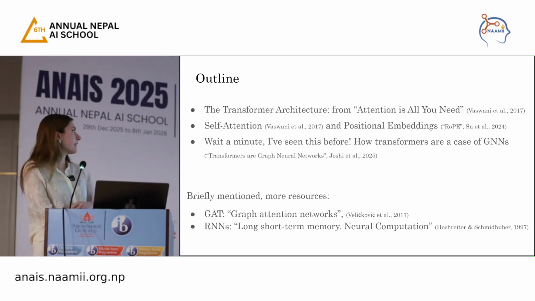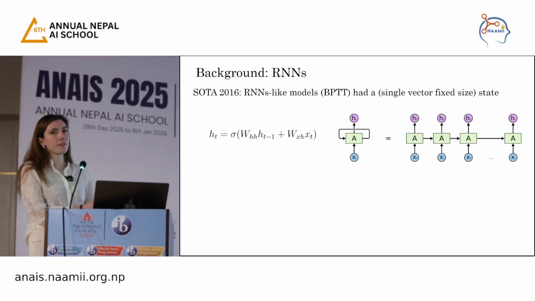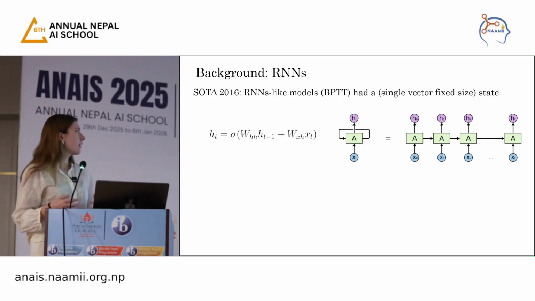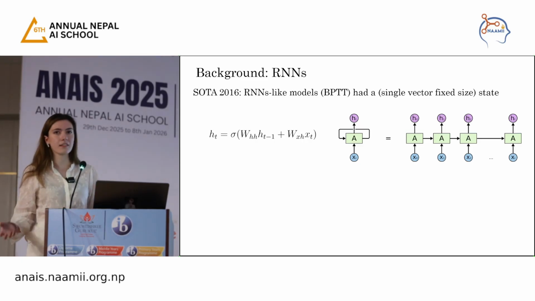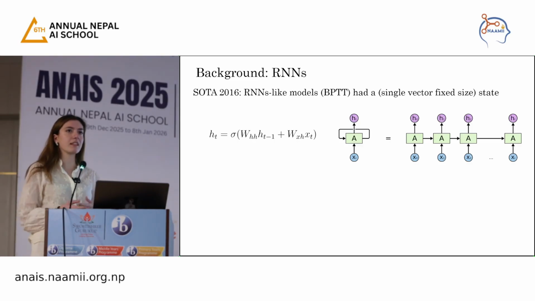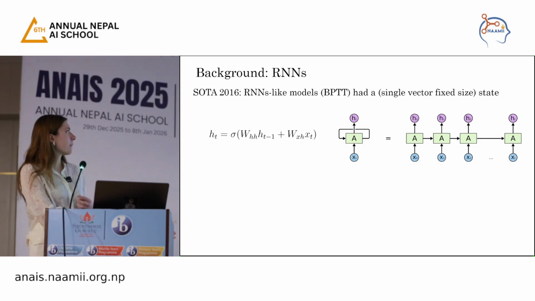Okay, let's start. So a little bit of background. We're talking about Transformers, and Transformers are fairly new. And I think it's good to try to understand what was there before Transformers. So before Transformers, we had RNNs. And those were the state of the art in NLP for next token prediction, which is the main task that Transformers are solving. So in 2016, these were the models that people were using.